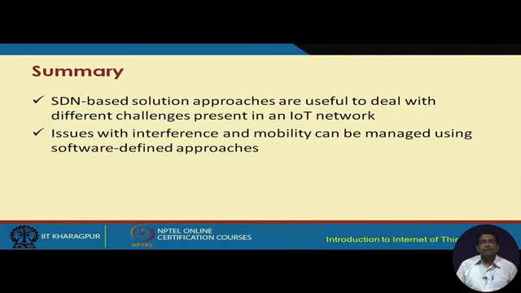Again, to sum up, SDN based solutions are useful to deal with different challenges present in an IoT network. In the first part we talked about IoT in the context of sensor networks and small powered, small IoT devices, and in the second part we talked about IoT in the context of mobile networks, mobile devices and so on, and we talked about 3 different solutions: UV flow, MOBI flow and ODIN.